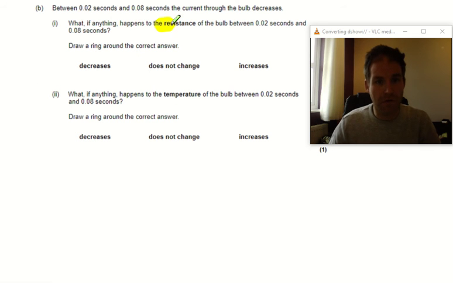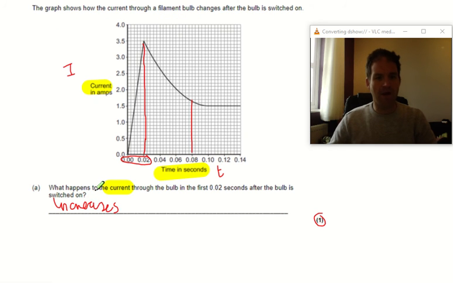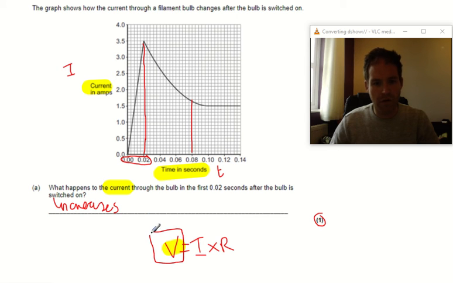So what happens to the resistance? So if we go back to our graph and think about what's going on when we've got V equals IR. V equals I times by R. Now, the voltage in the bulb is going to be 230 volts. We're going to say that that is constant.